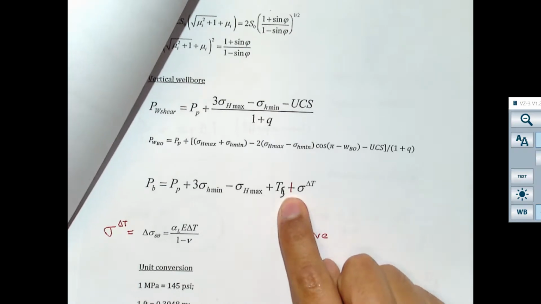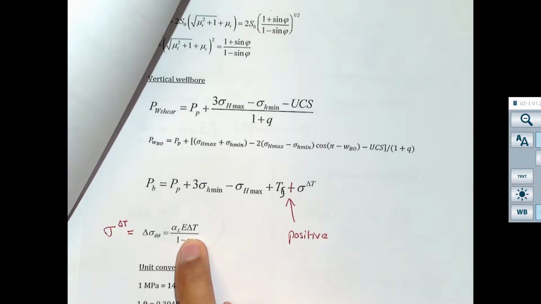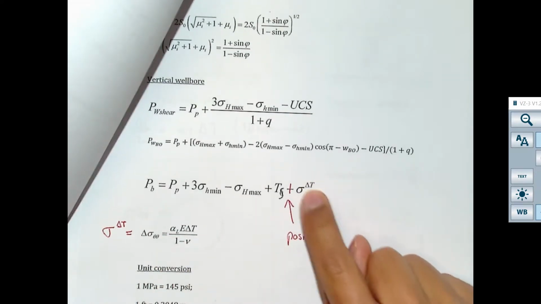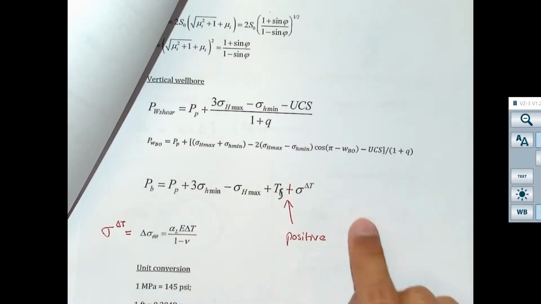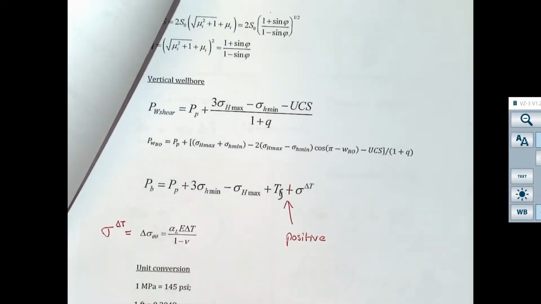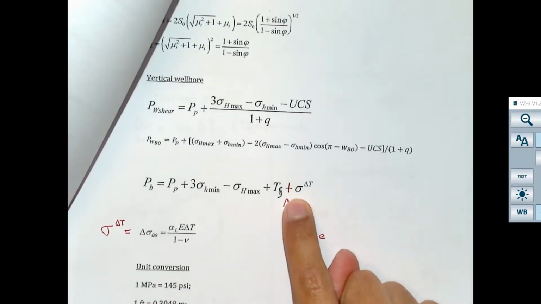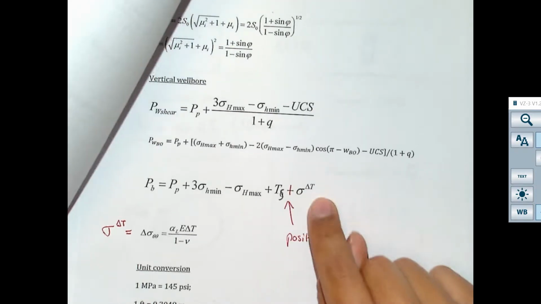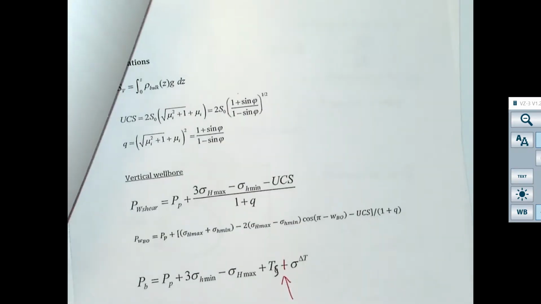This should be a positive sign, and the thermal stress, if you have a negative change of temperature, should be negative. So this stress is going to be negative, and when you add something negative to something, that's going to subtract, and it's going to make your PV smaller. So check in the exams there is a negative, but it should be a plus, okay? And I'll make sure that I correct this in the new equation sheet for the exam.